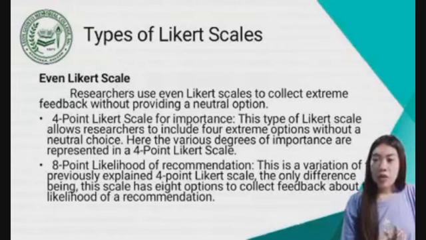Here, the various degrees of importance are represented in a 4-point Likert scale. 8-point likelihood of recommendation. This is a variation of the previously explained 4-point Likert scale, the only difference being this Likert scale has 8 options to collect feedback about the likelihood of a recommendation.